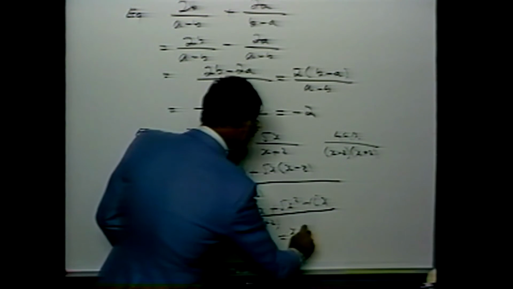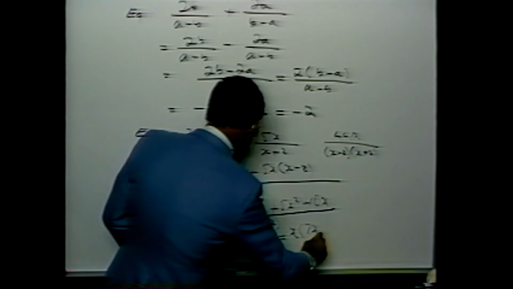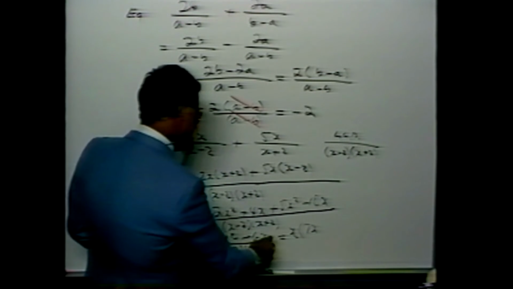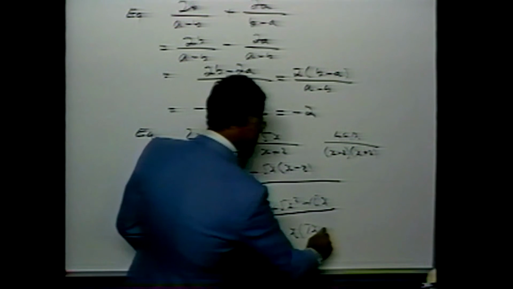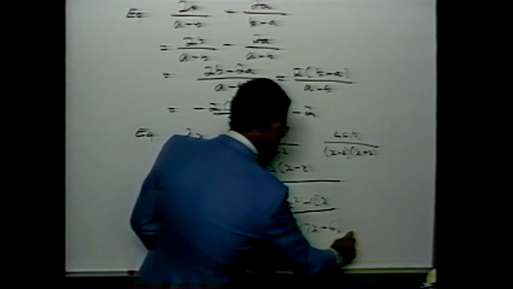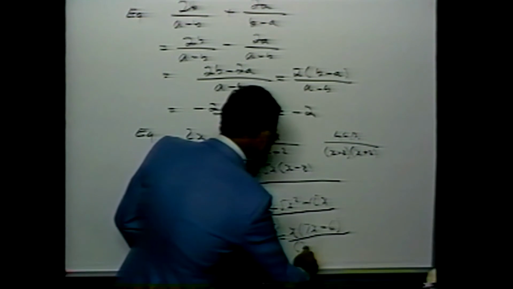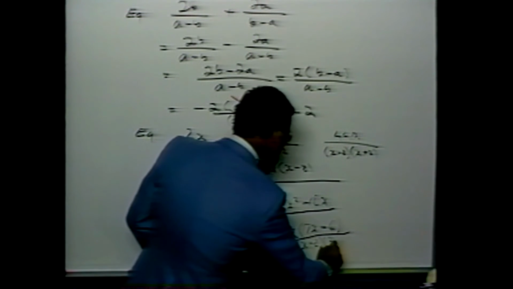We can take another step here and factor 7x squared minus 6x as x times 7x minus 6 to see if there's any possible way that we can reduce the fraction, but you can see that there isn't.